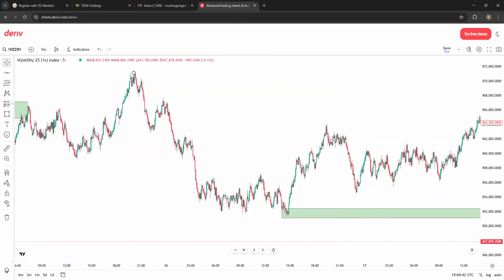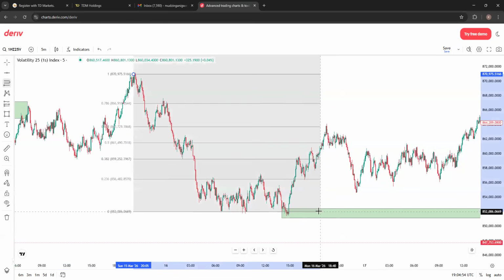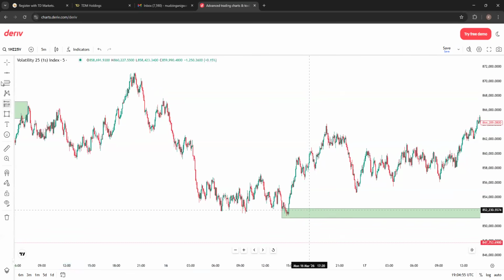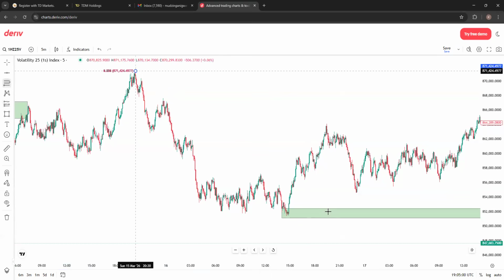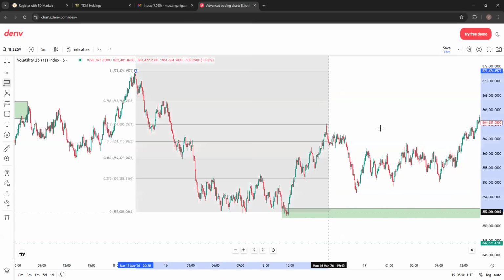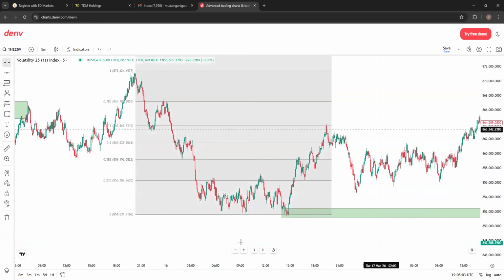If we touch this high, right, we're in a downtrend. If we touch this high and this low, right?